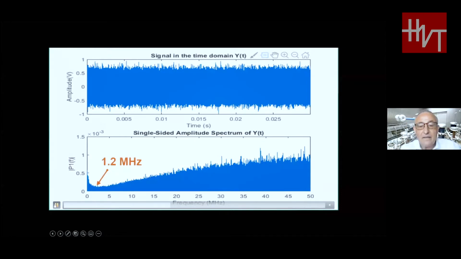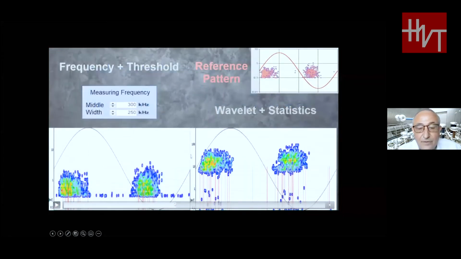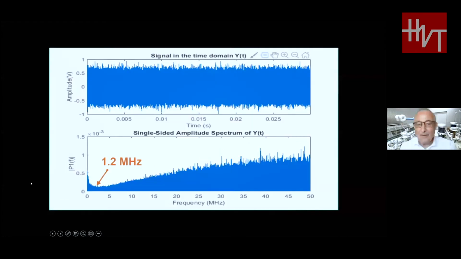Well, the way to remove the noise... sorry, because my computer has an independent life. Yes, now, how to remove the noise? The way to remove the noise using other technologies is looking at the frequency spectrum of the noise.